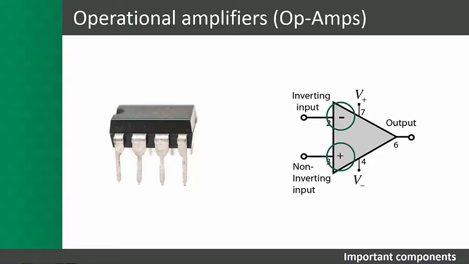Op-amps are linear devices that have all the properties required for nearly ideal DC amplification and are therefore used extensively in signal conditioning, filtering, or to perform mathematical operations such as add, subtract, integration, and differentiation. We will discuss op-amps in more detail in the next module.